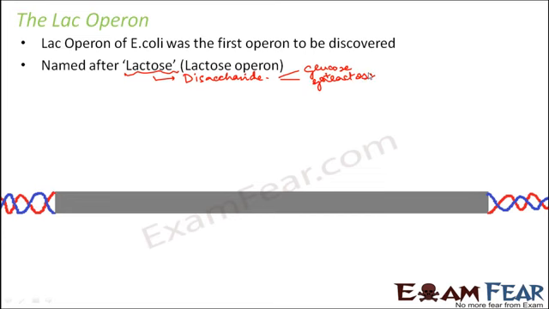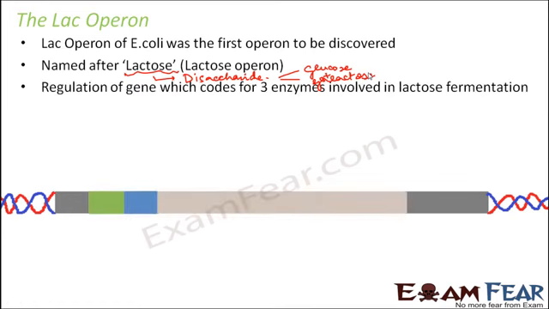This process of breaking down lactose into glucose and galactose to provide energy to E. coli is known as fermentation of lactose. This process is controlled by the operon which is called Lac Operon. So that is why it is named Lac Operon. We will see how exactly the operon functions and what the various parts of this operon are. So we'll talk about everything here.